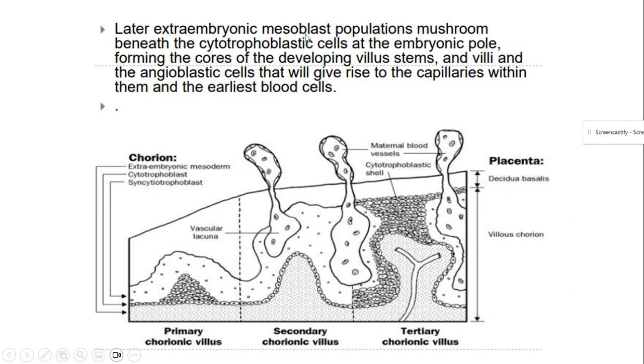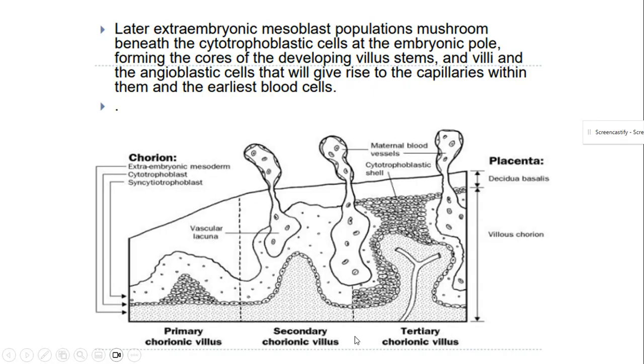Later, the extra embryonic mesoblast population mushrooms beneath the cytotrophoblastic cells at the embryonic pole, forming the core of developing villous stems and villi, and the angioblastic cells that will give rise to capillaries within them and the earliest blood cells. This here is a primary chorionic villus.